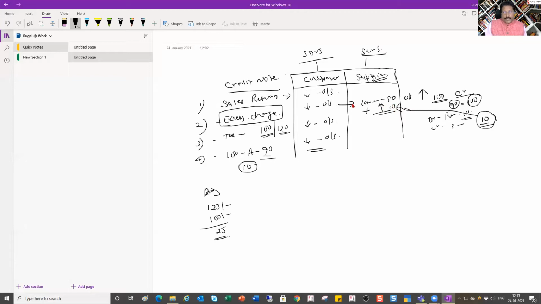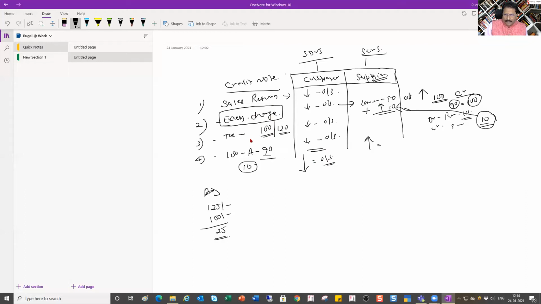So that is where you will pass a credit note in your books of account for your supplier ledger also. A credit note in the supplier ledger is going to increase your outstanding to the extent of the amount of the credit note. A credit note passed in the customer's ledger is going to decrease the outstanding to the extent of the amount you are capturing in the credit note.